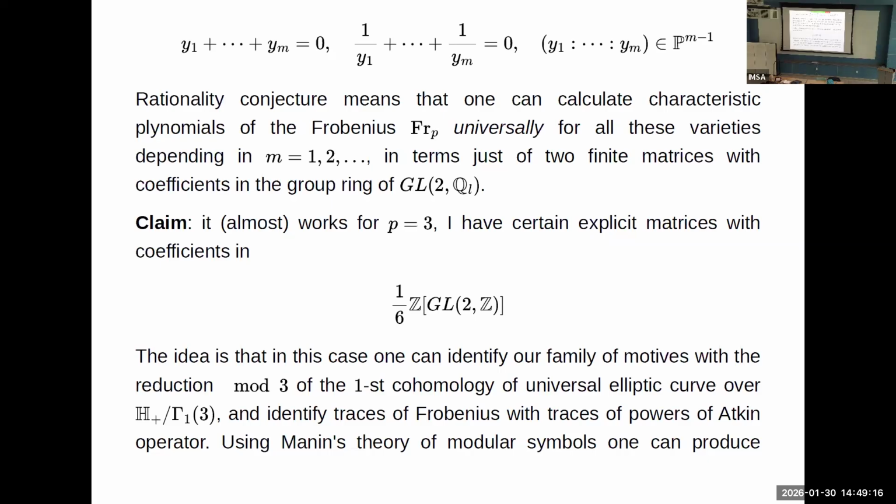When I try to write following the recipes, I get matrices with coefficients in a group ring not over Z, but having some denominator, 1/6 in this example. And where it comes from is actually a provable fact.